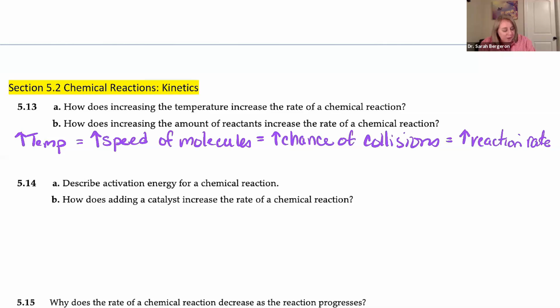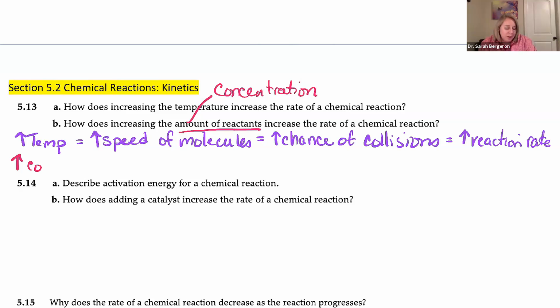Let's look at B. How does increasing the amount of reactants increase the rate of a reaction? So let's do the same kind of thing. We're going to increase, and another way to say amount of reactants is to say concentration. That's what concentration is, amount of something.